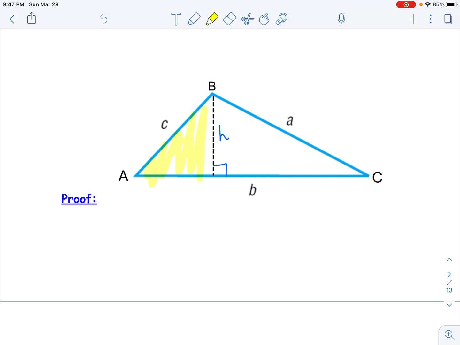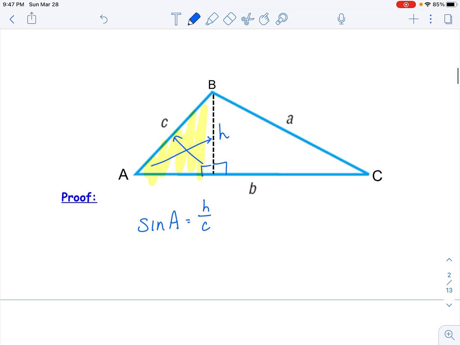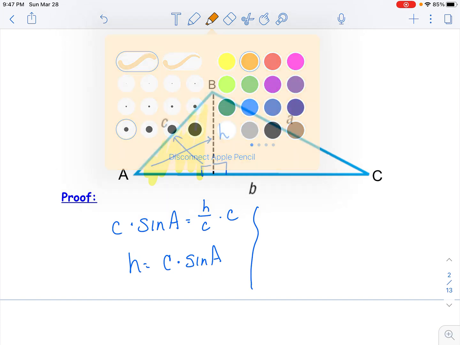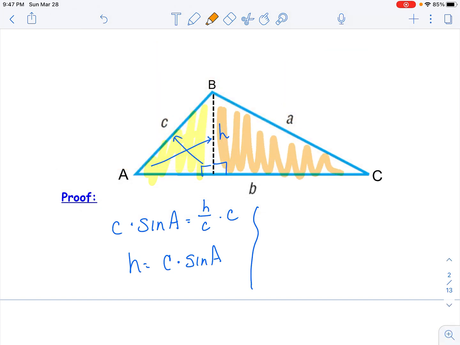If I look at the triangle here on the left side, I can come up with the sine of angle A is the opposite side, which is H, over the hypotenuse, which in this case is C. If I multiply both sides by C, I can solve for the height, and it's going to be C times the sine of angle A. Now, if I look at the triangle on the right, the bigger triangle, we can do the same thing.